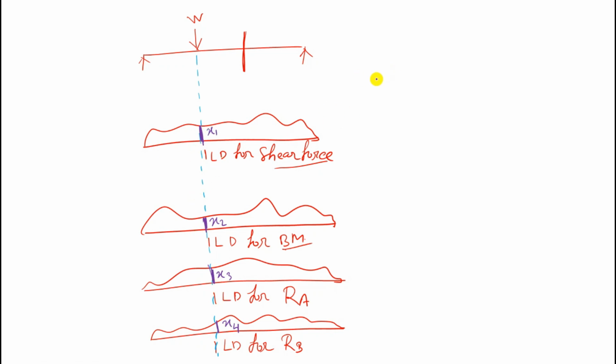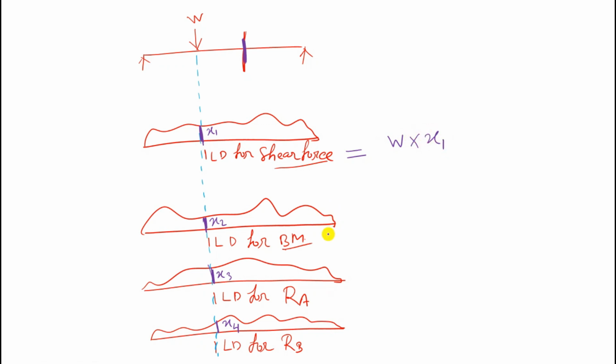So the formula is like that. If you want to know the shear force at this position for this particular load, the shear force value will be W into x1.